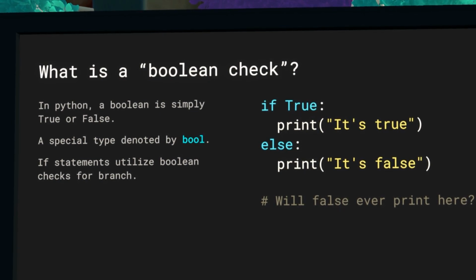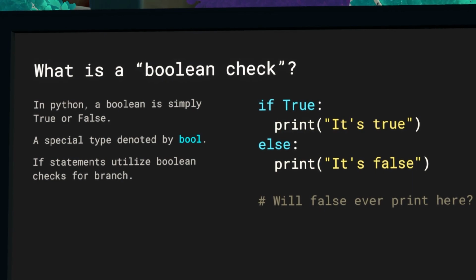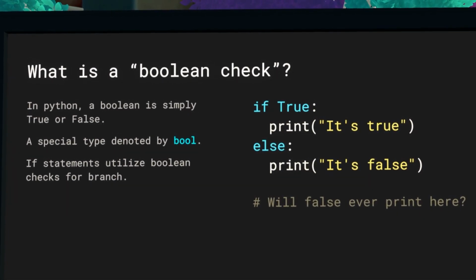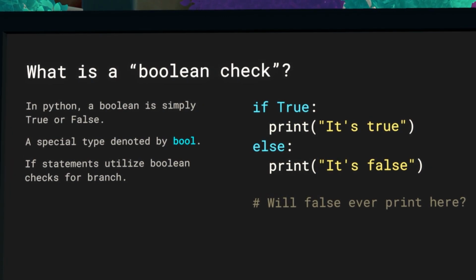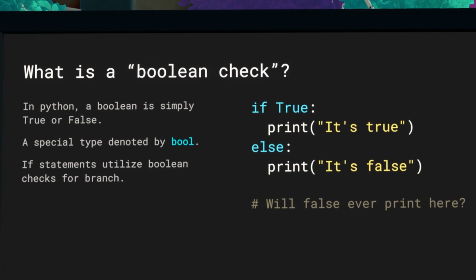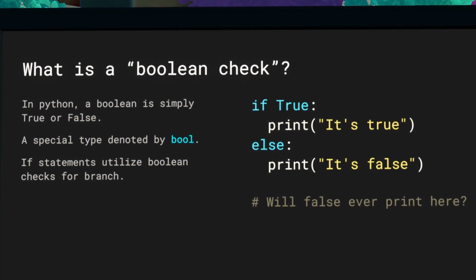So it would equate to if not this condition, right? What it will do is negate whatever value you have. So if the condition was going to equate to true, it's now going to equate to false. If it was going to be false, it will now equal true.